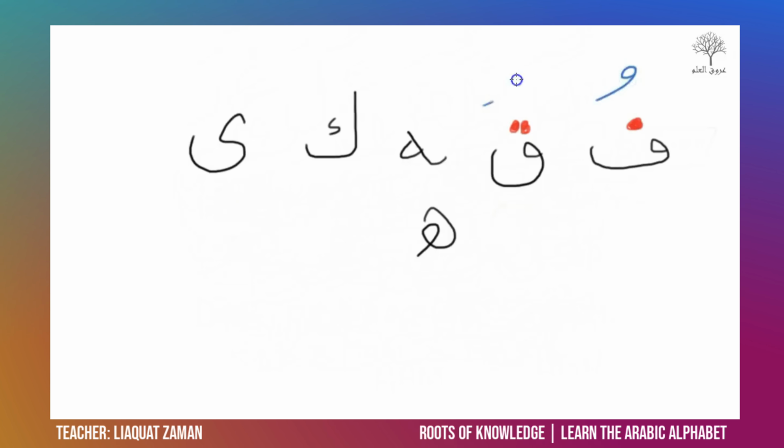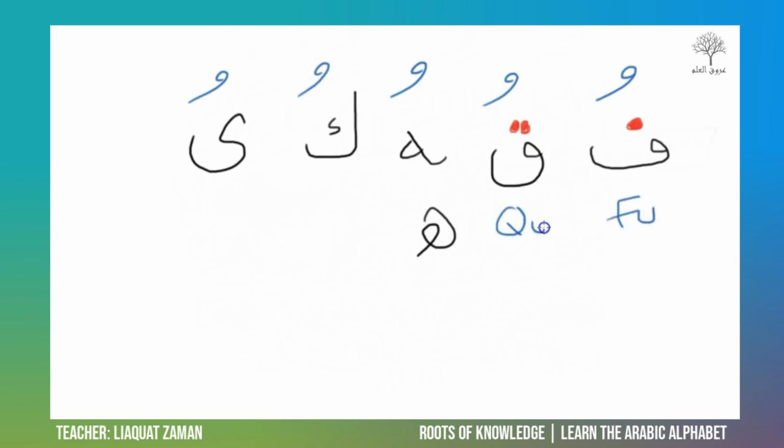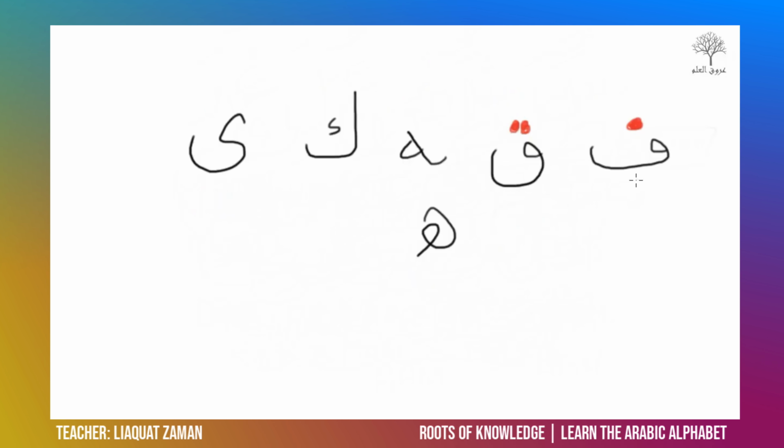Okay, so let's add different vowels onto these then, see if we can pronounce them. So now we're going to add the Dhamma. So fu, qu, hu, ku, and you.